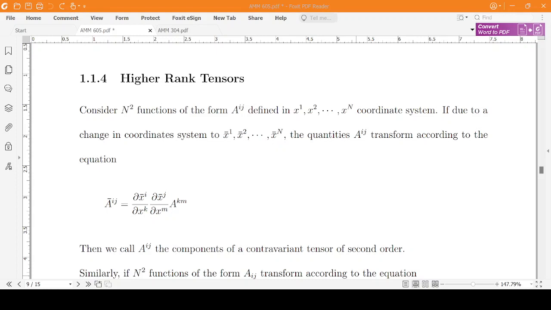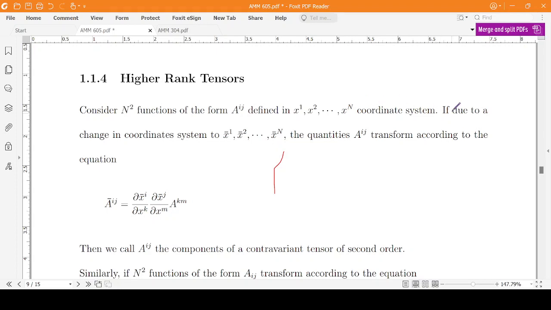Today we talk about the higher rank tensors, and then we shall talk about the tensor algebra. Now we shall consider n² functions of the form aij defined in the x1, x2, x3, all the way up to xn coordinate system.